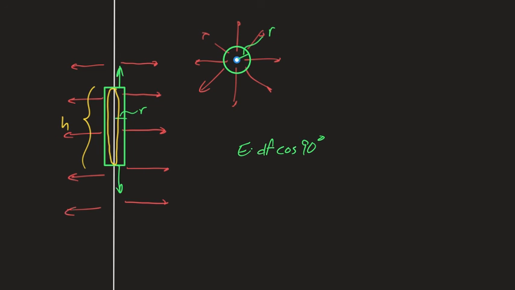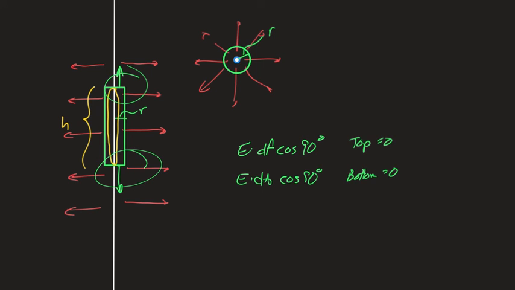No field lines pass through the top. And at the bottom, E dot dA cosine 90 degrees. Again, the direction of the area and the direction of the electric field are perpendicular to each other, so they have no flux passing through them. Are we good? That's why we chose a surface to look like this, so we can make it something that would integrate easily. So the top, 0, and the bottom, 0.